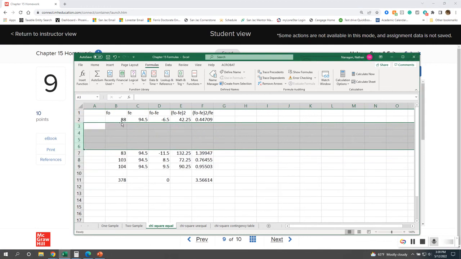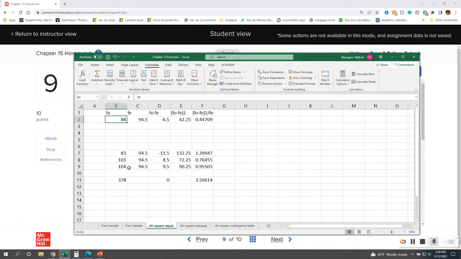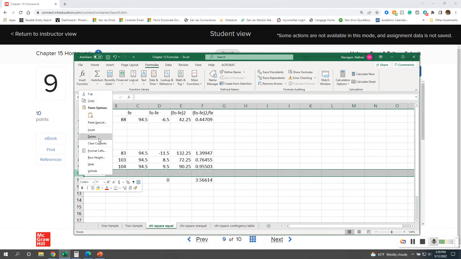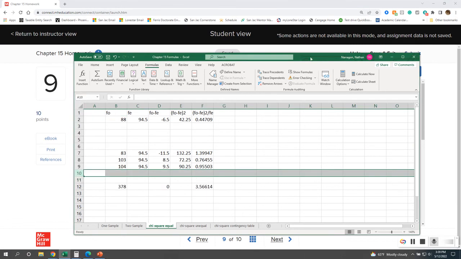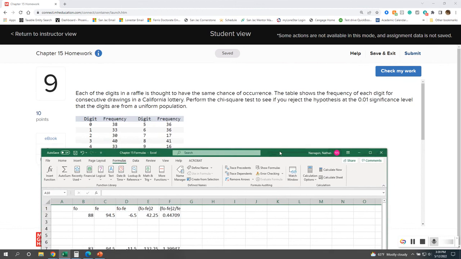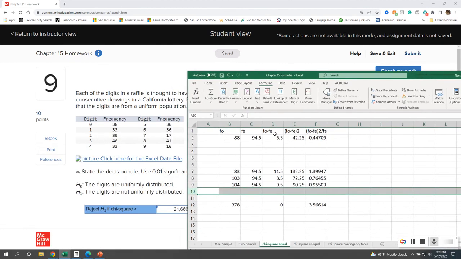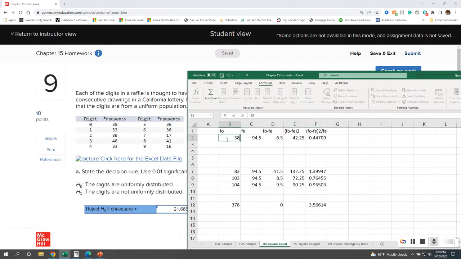So insert, write another one. There we go. And we're going to put in the numbers. So 38, 33, 30, 43, 36, 36, 17, 41, and 16.